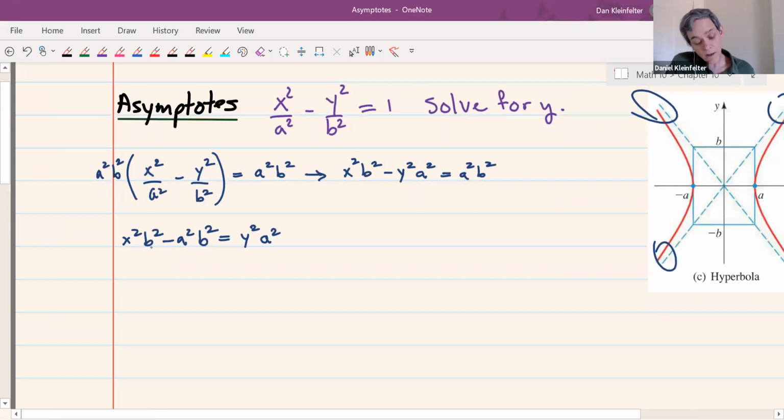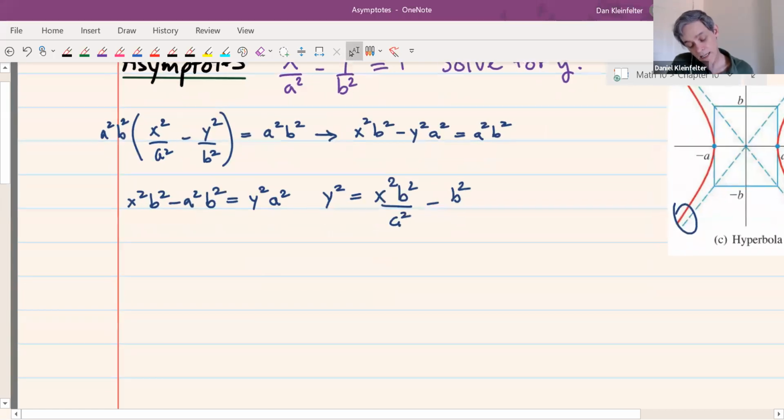All right, so now I've still got three terms. The one that has a y in it is on the right side. The two terms on the left don't have a y. So we're going to divide both sides by a squared. So we'll have y squared is equal to x squared b squared over a squared minus b squared. All right, and now we're going to take the square root of both sides.